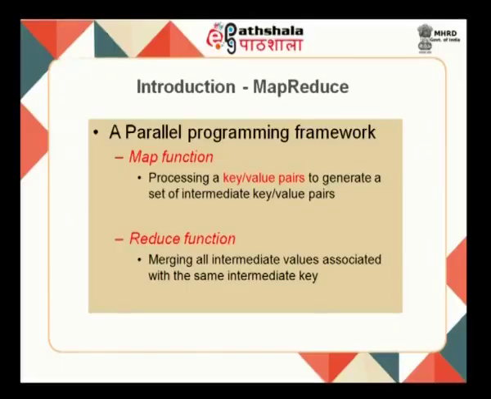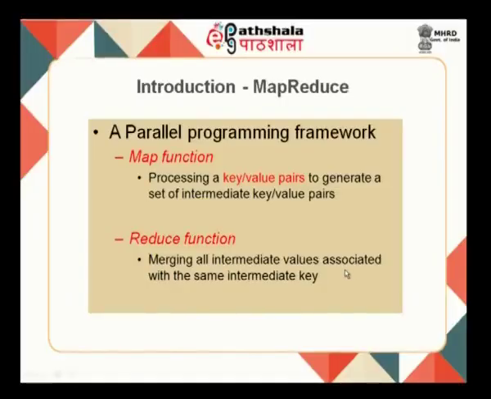The data that is available will be in a distributed form, and the analysis that we run will be executed in a parallel format, and hence we will get intermediate results from different map functions. All these intermediate results need to be combined together. So, the second function, called the reduce function, will merge all the intermediate values associated with map and combine them together, and the final result will be provided.